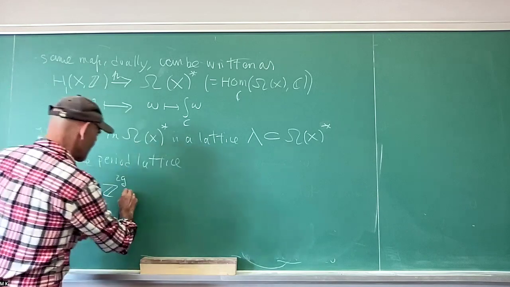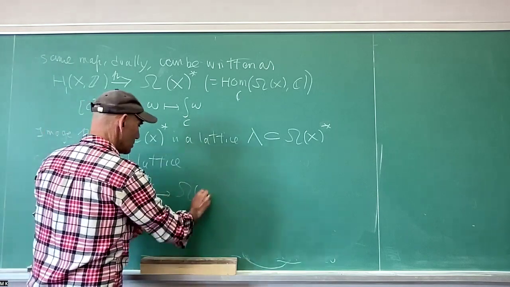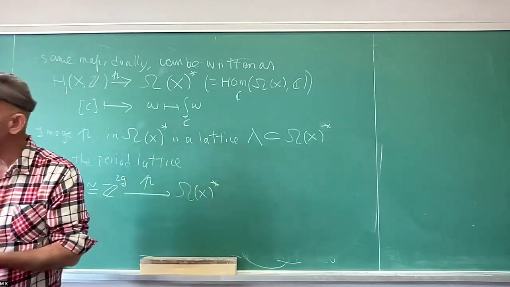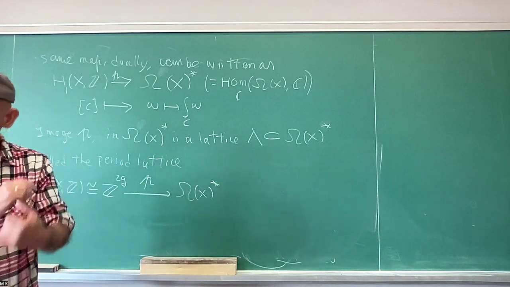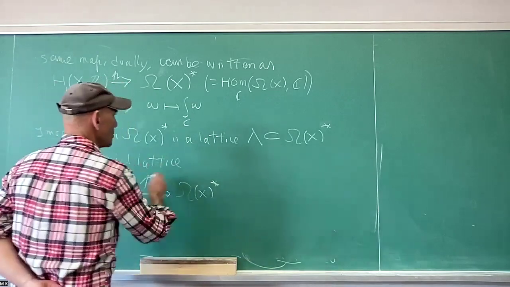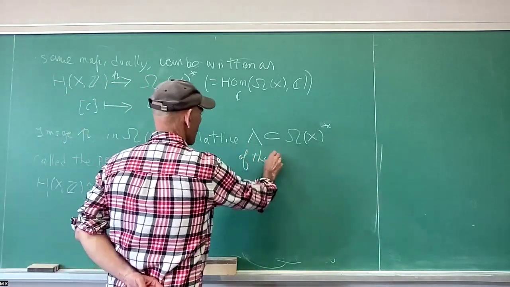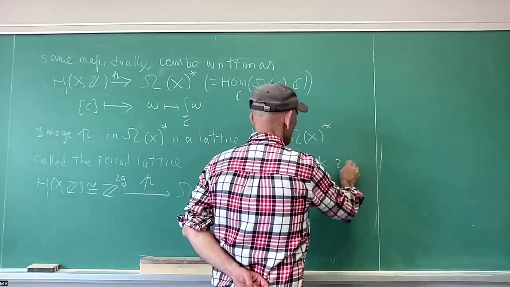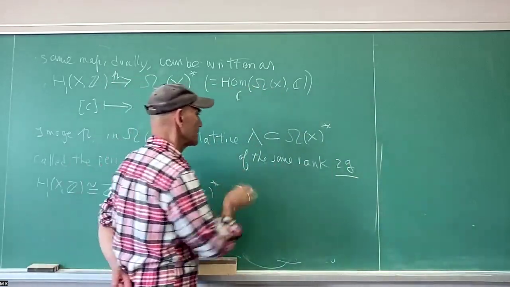But now we want to say that under P, it goes into omega X star, and this image is a lattice actually of the same rank. It is a lattice of rank 2g. So there's something to be checked now. So lambda is a lattice of the same rank 2g. So this I have to prove later on using some special basis and some arguments.